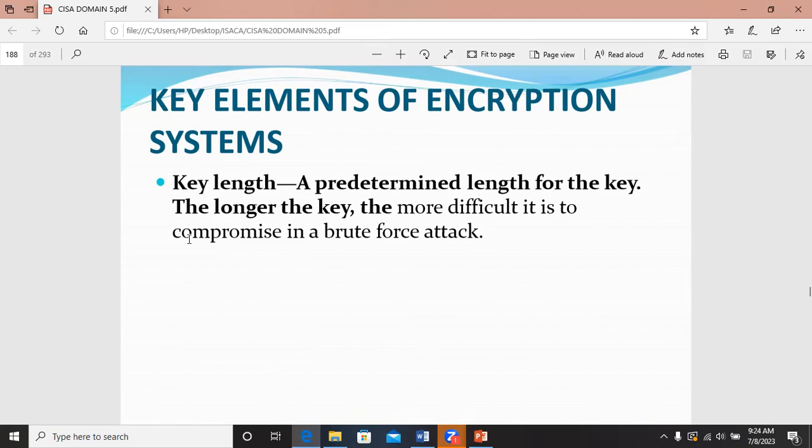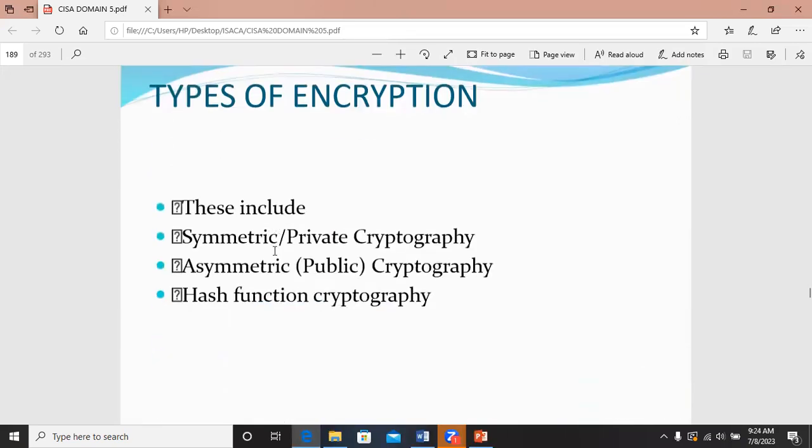Please take note, this exam likes checking pros and cons. So you need a lengthy encryption key, but it will increase your overhead and slow the encryption process down.